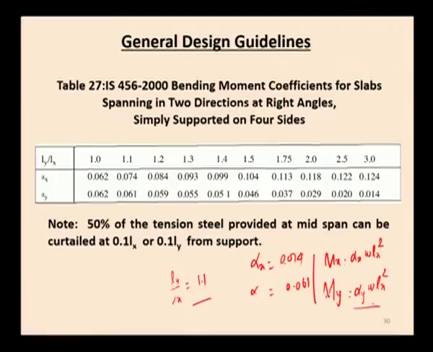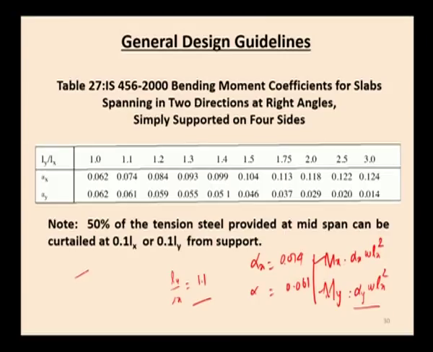By substituting the values of the moment coefficients, we can find the moment along both directions. Then, using the moments, we find the reinforcement along both directions, in the case of a two way simply supported slab.